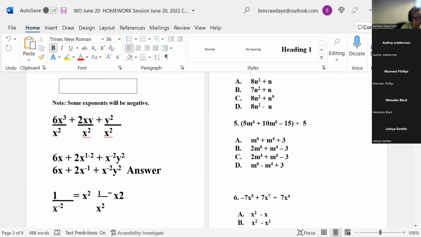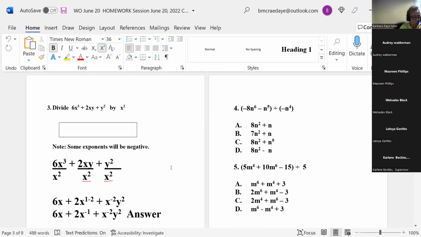You got it? So when you flip it, your sign changes. 1 over x to the -2 is x to the second over 1. 1 over x to the second is x to the minus 2 over 1. So you flip it, change the sign. Got it? Okay.